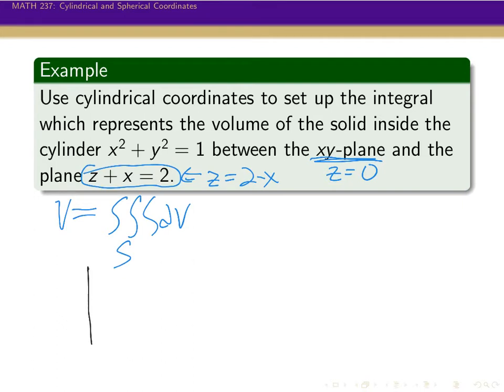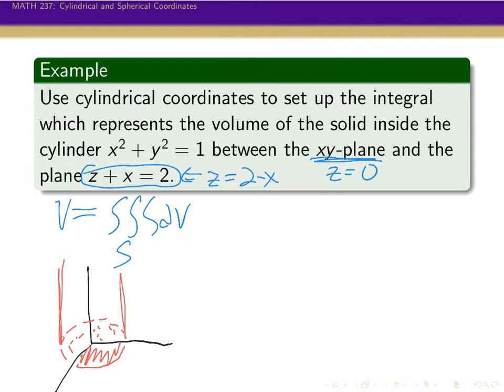Let's do a quick sketch of what this is going to look like. We're looking at the volume inside the cylinder x squared plus y squared equals 1. That's just drawing out the unit circle on the xy plane, and then the cylinder goes up and down from there. The bottom of the cylinder is going to be the xy plane, and that's our base. And then the plane z plus x equals 2, or z equals 2 minus x.